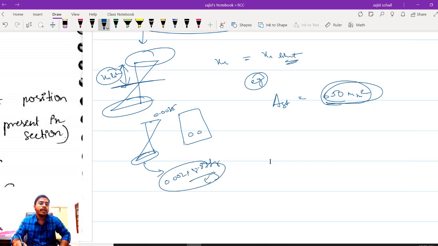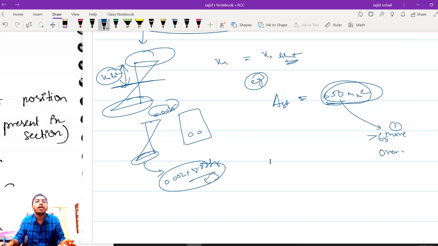So if I am providing more steel than this condition, should I call it as over reinforced or under reinforced? If you are providing something more, what will you call? Use your common sense. We will be calling it as over reinforced.